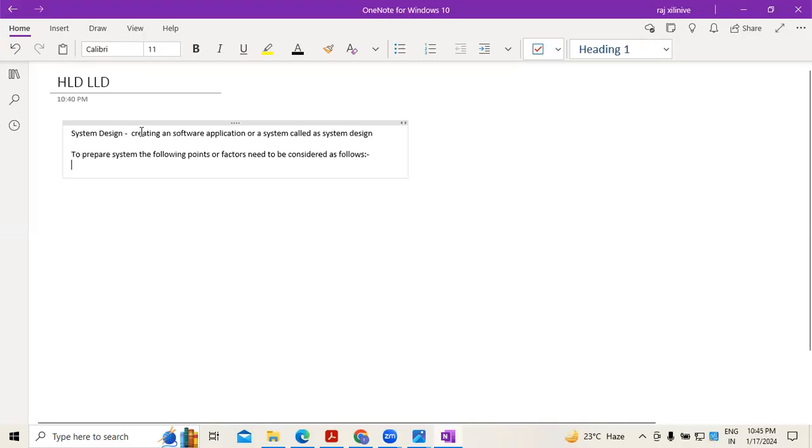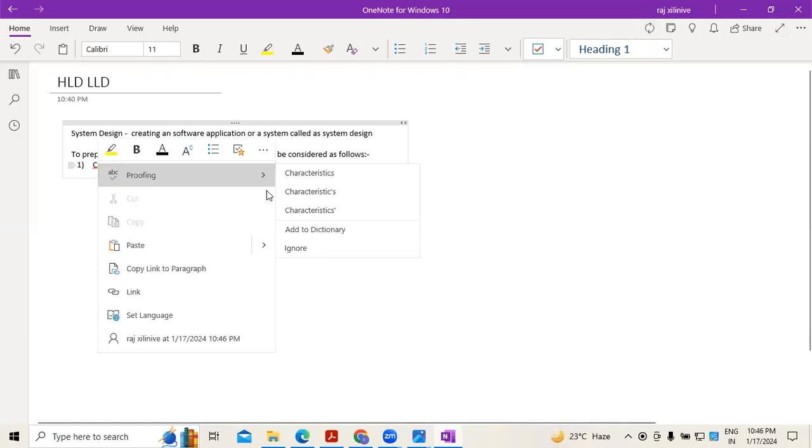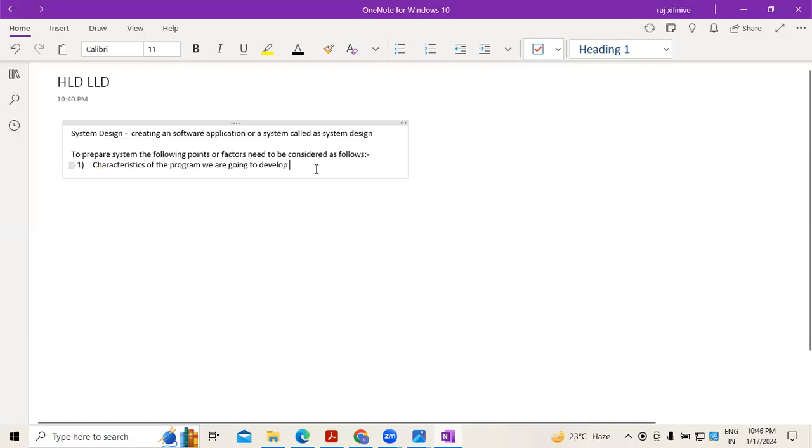If you want to create any system-level design, especially for any application we are going to develop, the first thing we must know is the characteristics of the program or the application we are going to develop. This is point number one.